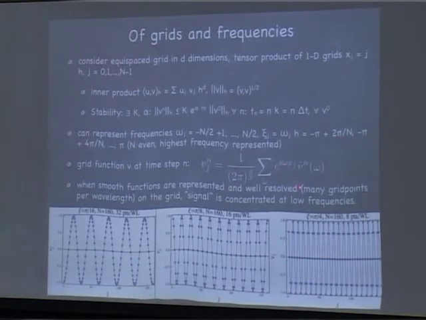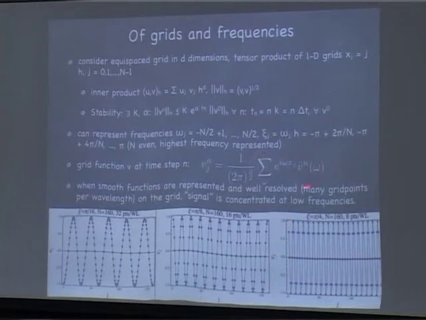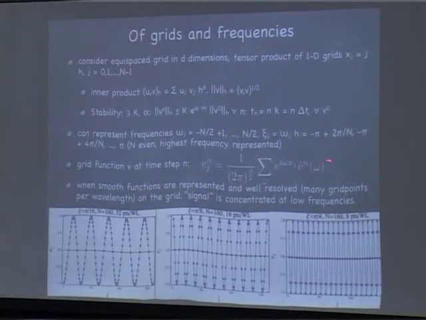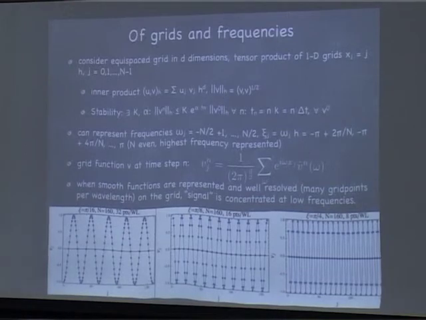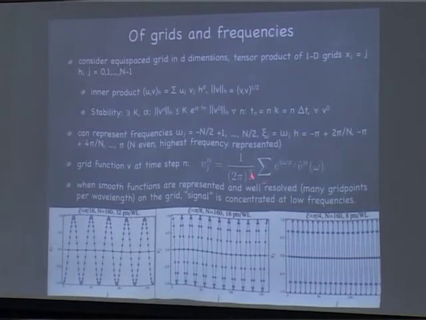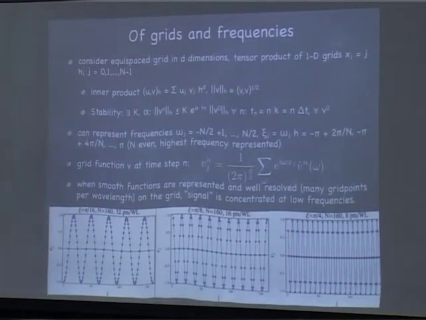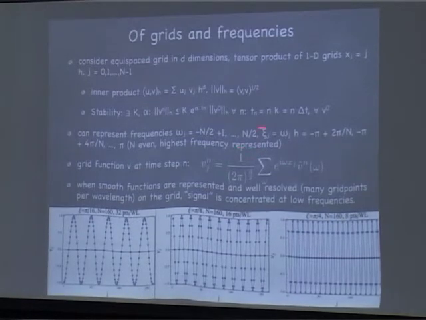Let's call them the Fourier modes v hat n, for example. These are the coefficients which depend on the frequency, times the Fourier frequencies e to the i omega x_j. And then the Nyquist theorem tells us the highest frequency which we can represent on the grid, which is exactly the one that we wrote down here.